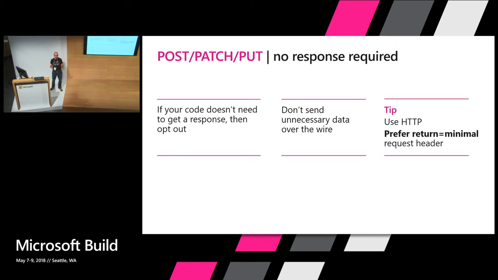This is generally a pretty good thing to do, but not in all cases, so you need to be careful when you use this. In a post case where you're creating a new object and the server is generating the unique identifier for this new object, you may not want to employ this, because your app may need to know the new identifier that was created with this new object. So use at your own discretion.